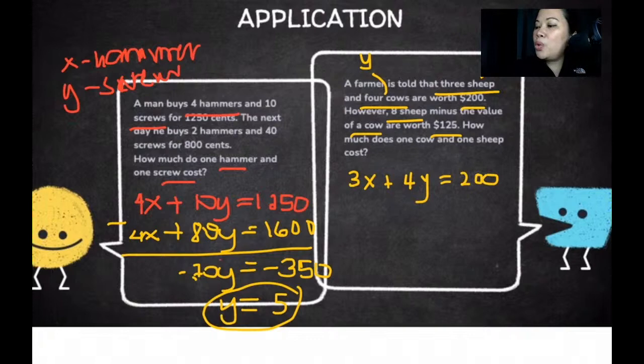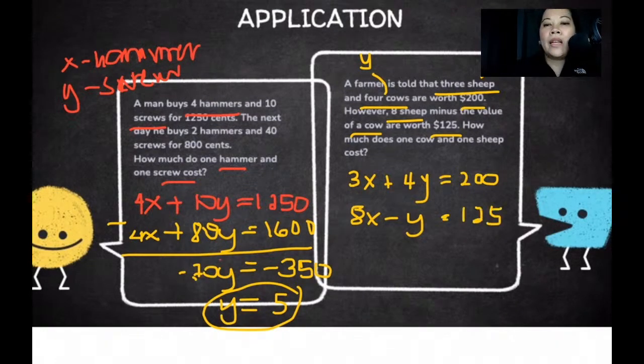And then the next part, however, 8 sheep minus one cow: 8x minus y is 125. So you have 3x plus 4y equals 200, and then you have 8x minus y equals 125.